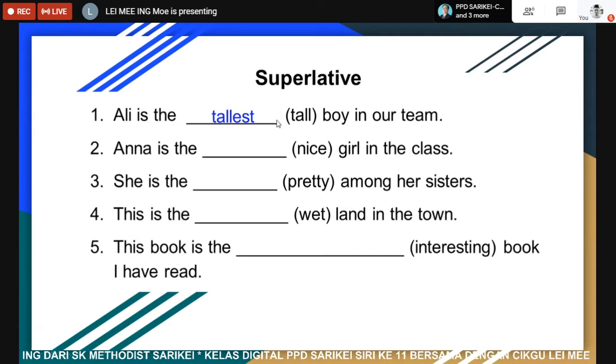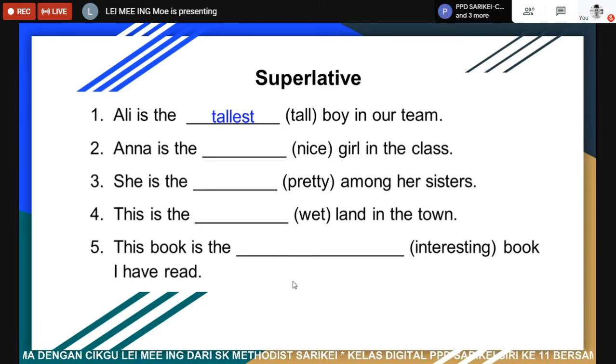It is not a comparative form, it is not taller, since we have the here and it is under superlative. When we have the in front of our blank here, it will be the superlative form. All right, so tallest, we add est. So this answer follows rule number 1.